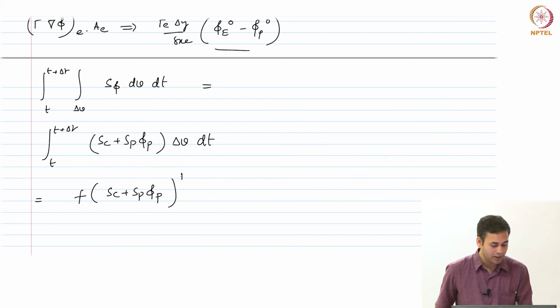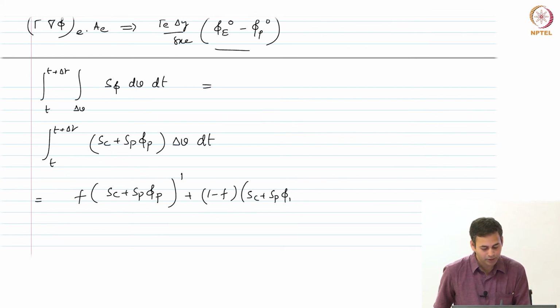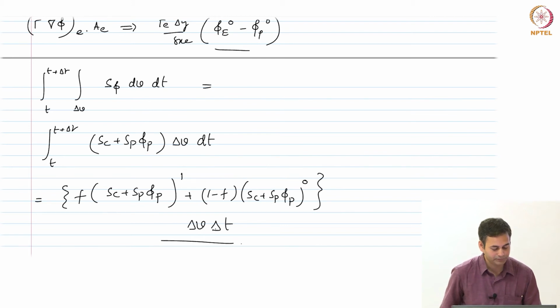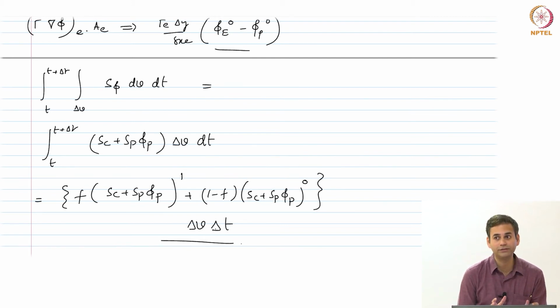Then we have plus 1 minus f times SC plus SP phi p 0, and both of them are multiplied by delta V times delta t. We have not defined what f is still. F is some linear interpolation between 0 and 1. If I choose a scheme, the question is, will the f be the same between the source term and the diffusion term?